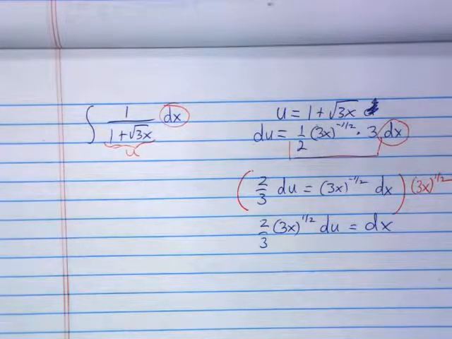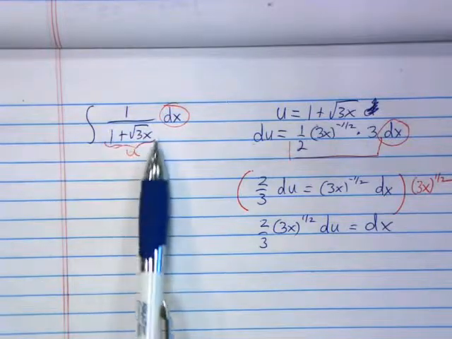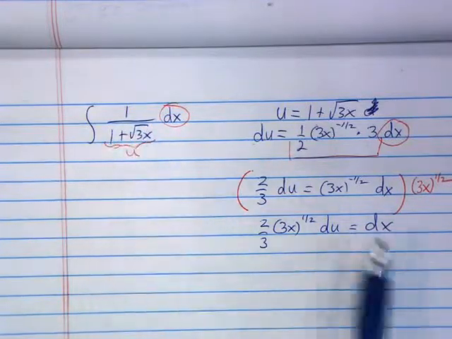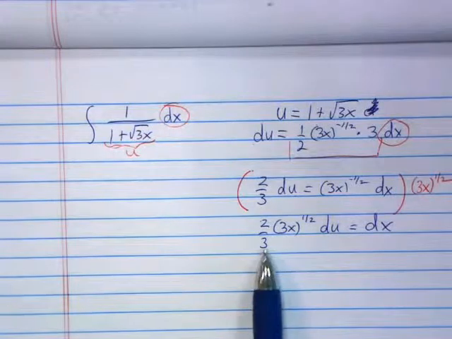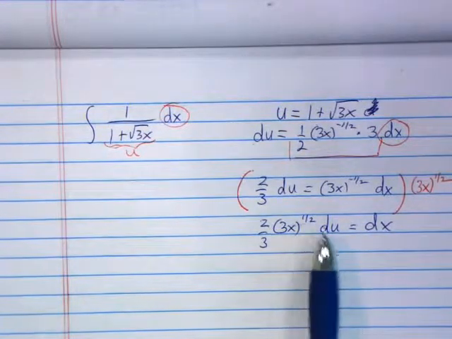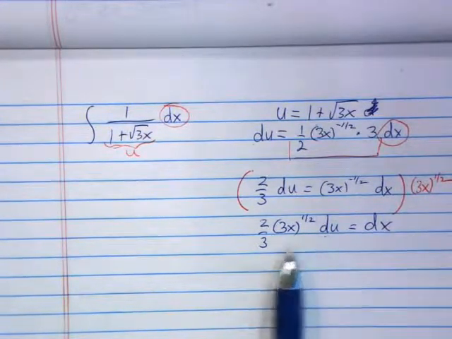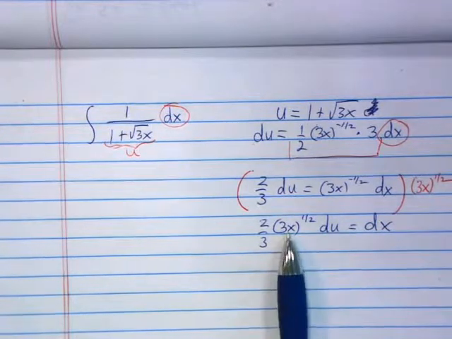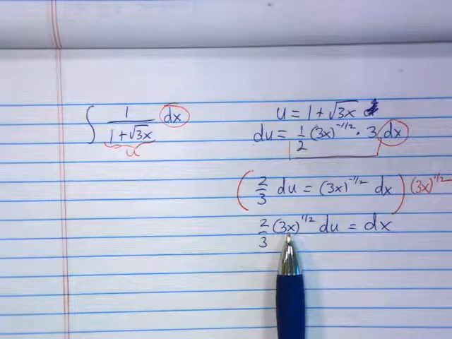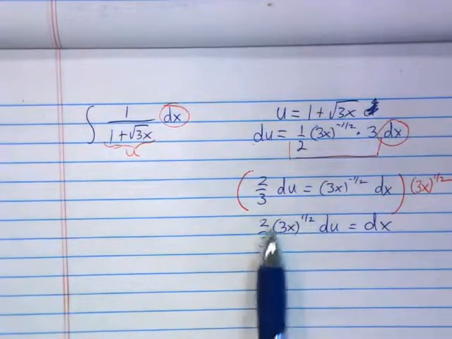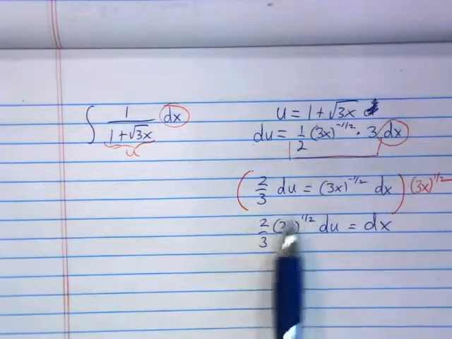Okay, so we're almost ready to make our u substitution. Again, back up here, this is our u. dx is 2/3 (3x) to the 1/2 du, but the problem is when I make my substitution, I'll put an x back in there, and I'm not allowed to do that. So I somehow need to get rid of this little piece here and turn it into u's.